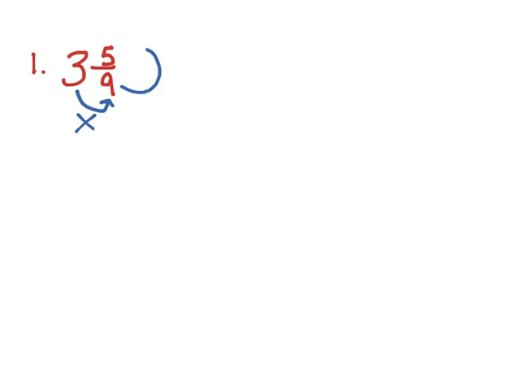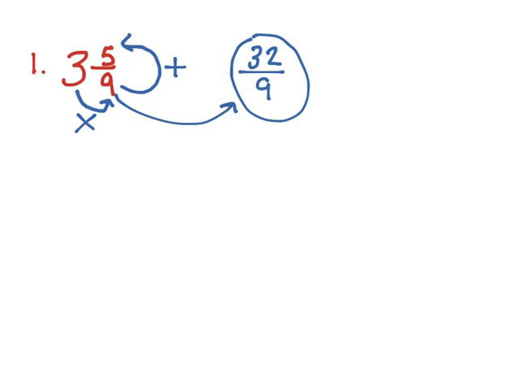And then go from the 9 to the 5 and add. So again, 3 times 9 is 27 plus 5 is 32. So I write 32, and then you simply keep that same denominator, 9. So 3 and 5/9 can be rewritten as 32/9.